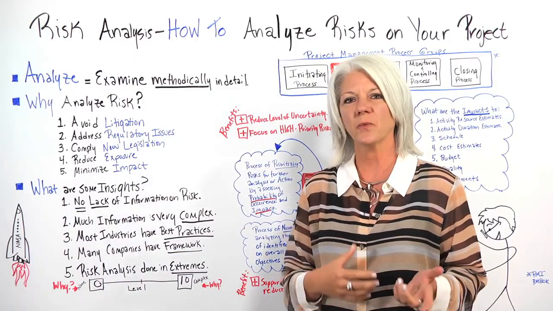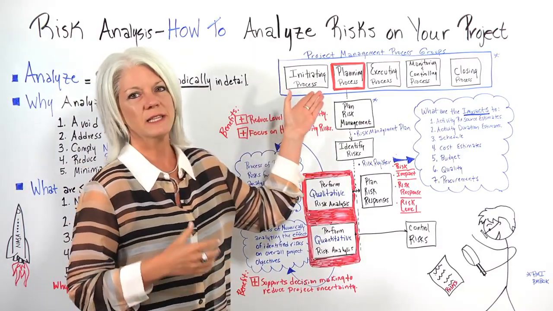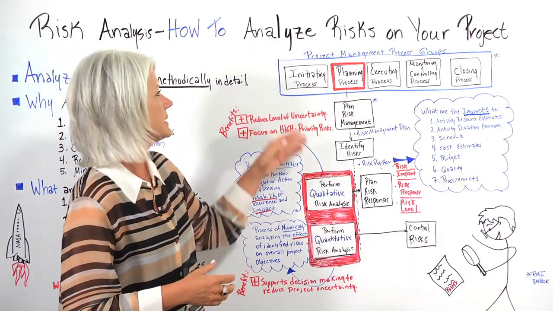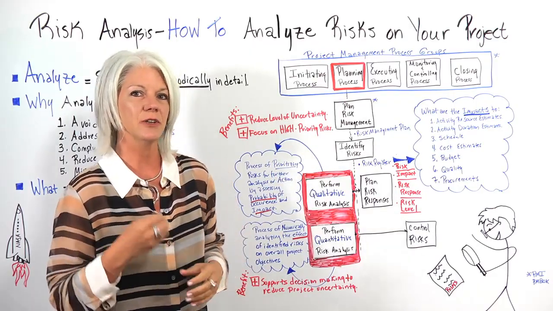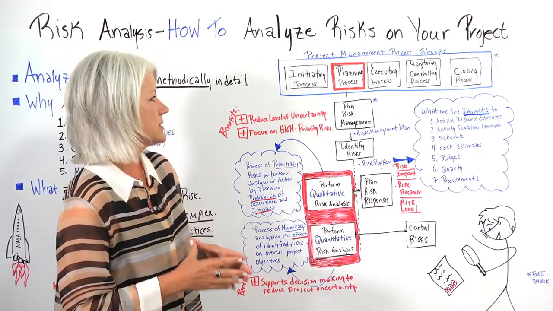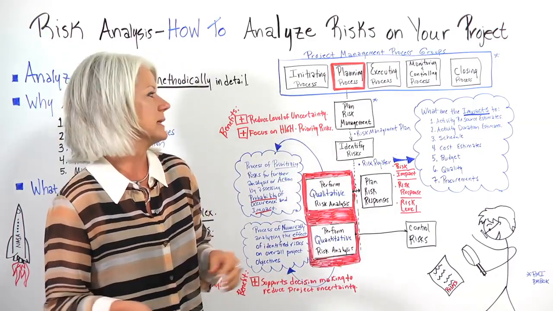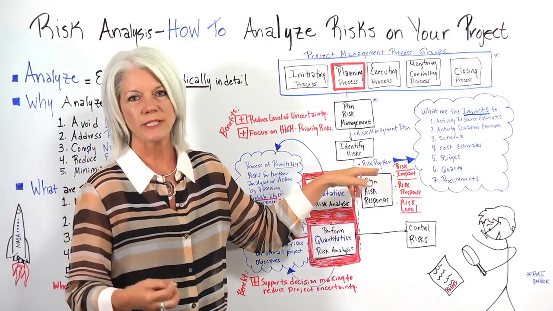So let's look at where and when the risk analysis is done. If we look at the project management process groups, the planning process is where we start looking at the risk, and it's done throughout the entire project. So we develop our risk management plan and identify the risk, and those are captured in our risk register.